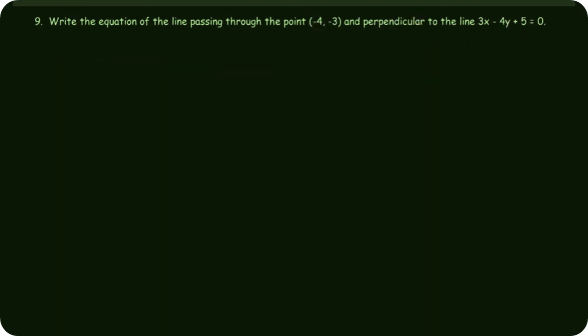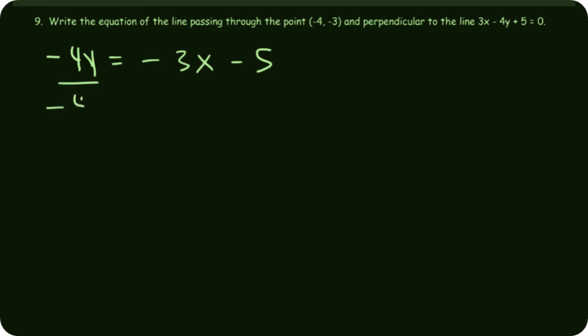Number 9, write the equation of the line passing through the point negative 4, negative 3 and perpendicular to the line 3x minus 4y plus 5 equals 0. So first we need to find the slope of this equation. So let us get y by itself. I'm going to move the 3x and 5 to the other side, so it is going to be negative 3x and negative 5 on the right side.